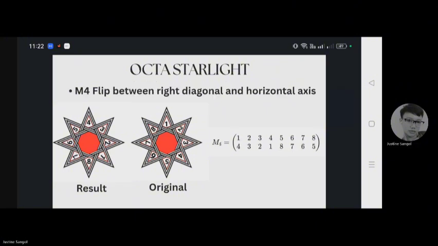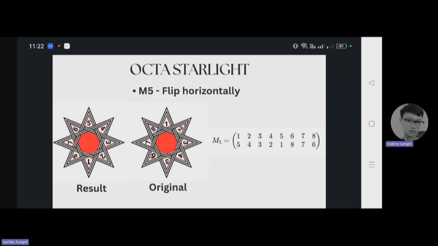The next, mu4, is flip between right diagonal and horizontal axis. So mu4 is equal to 1 to 4, 2 to 3, 3 to 2, 4 to 1, 5 to 8, 6 to 7, 7 to 6, 8 to 5. Mu5 flip horizontally.